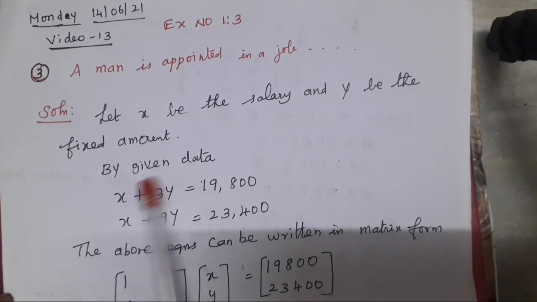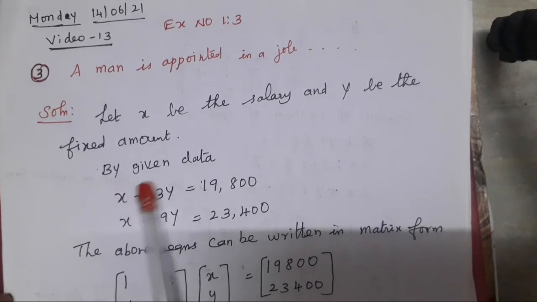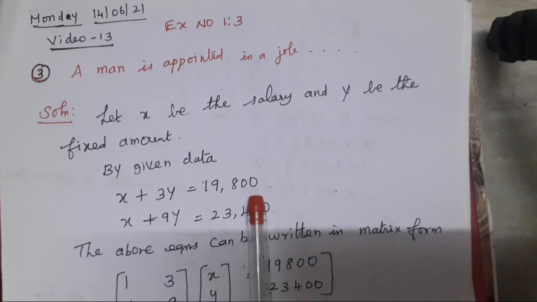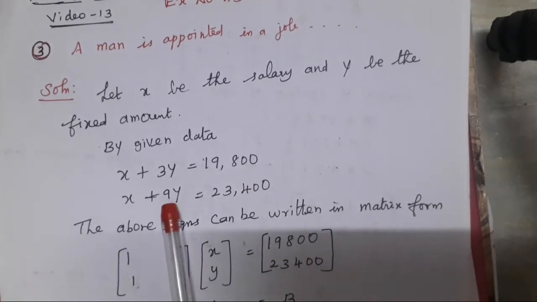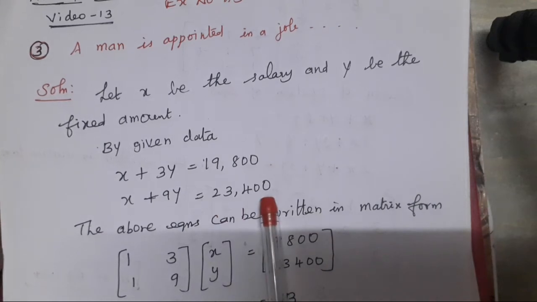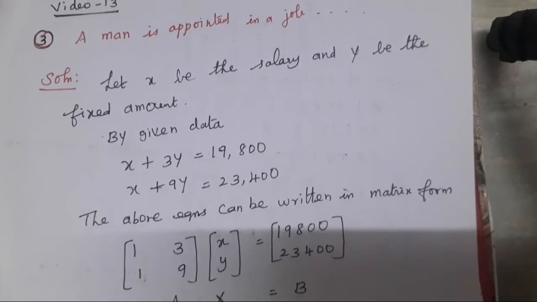After 3 years, he gets the amount 19,800, with the salary as well as his increment. Similarly, after 9 years, his salary as well as increment gives the amount 23,400. So the given information is written as linear equations.